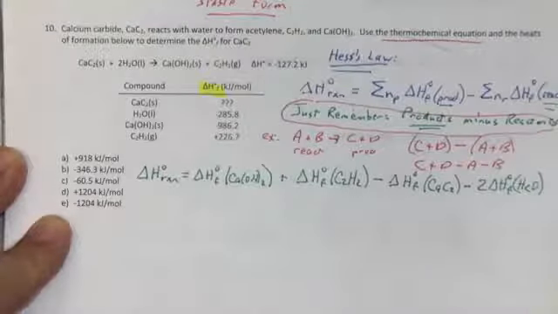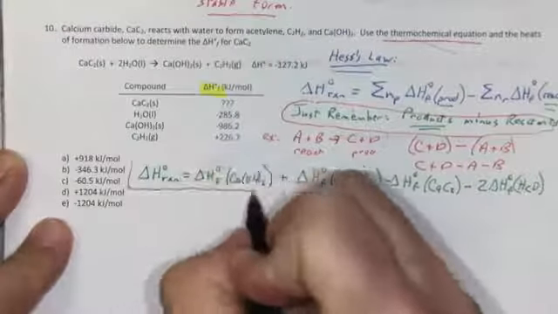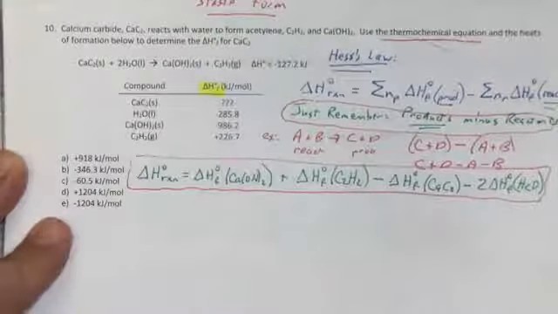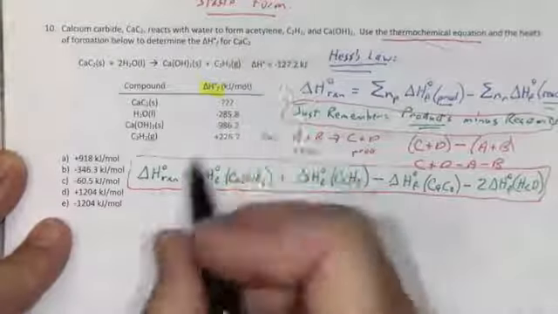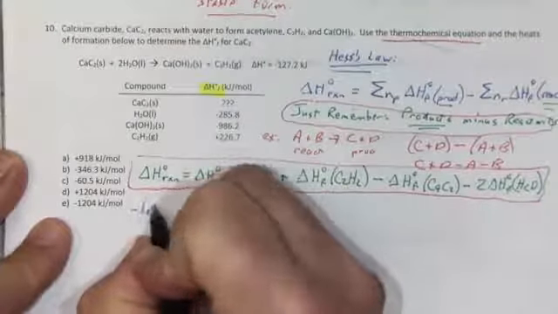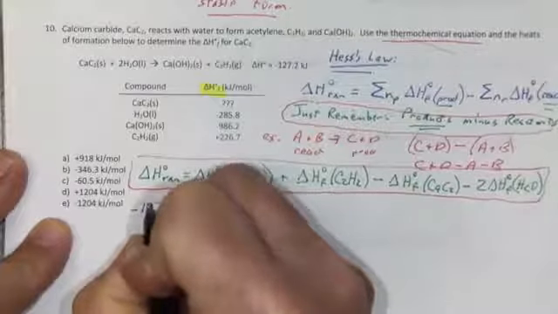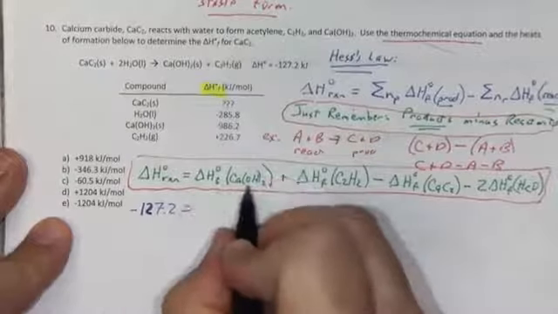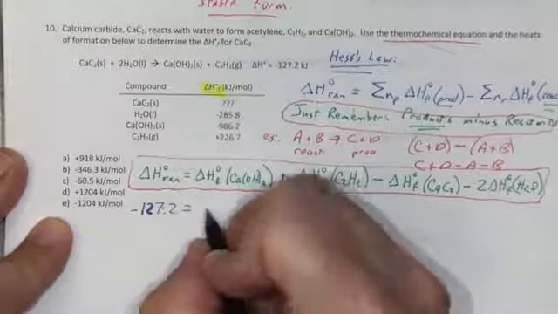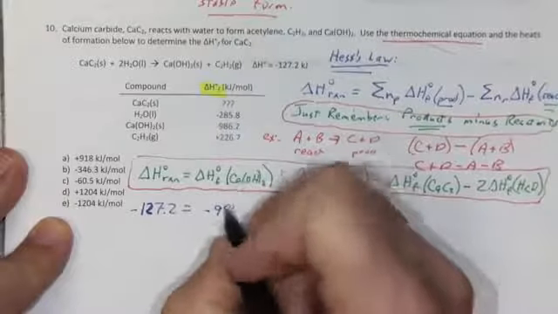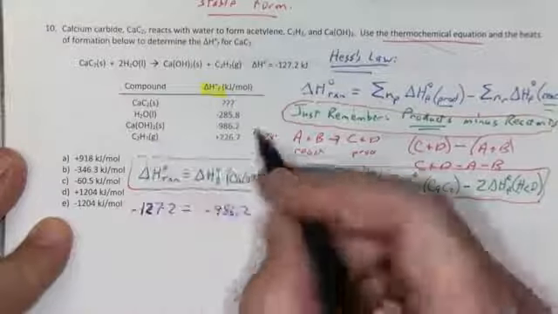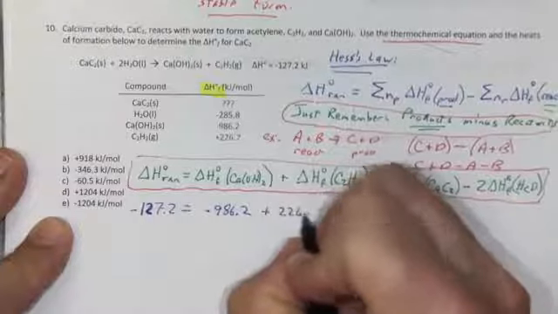Okay, so let's plug in what we're given in this case. So this is the relationship that I'm going to use. This is Hess's law as it's applied to this thermochemical equation. Okay. Well, in this case, I know the delta H of the reaction. The delta H of this reaction is negative 127.2 kilojoules. Everything's in kilojoules, so I won't write the units as we're proceeding. This equals the delta H of formation of calcium hydroxide, which is negative 986.2, plus the delta H of formation of C2H2 is positive, so plus 226.7.